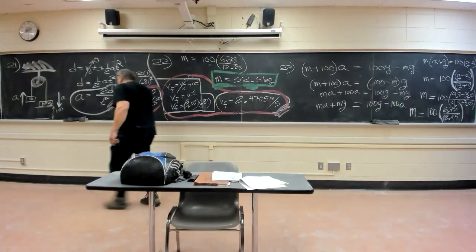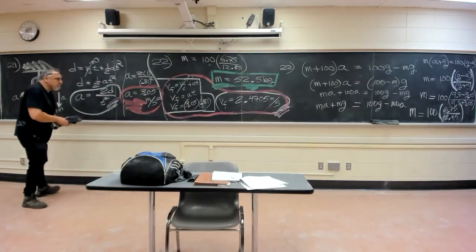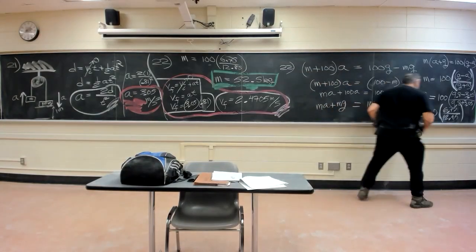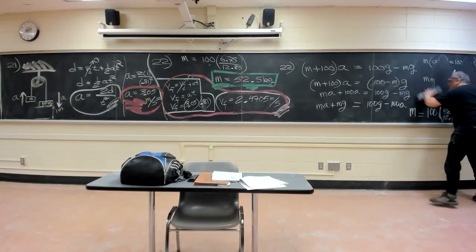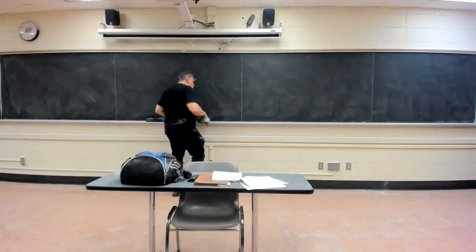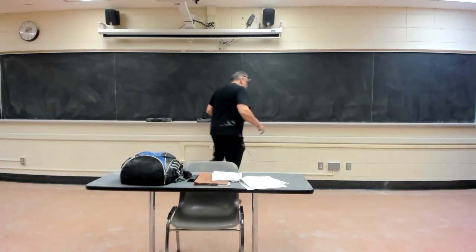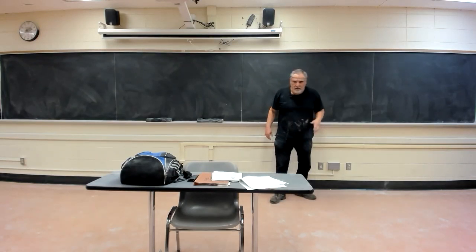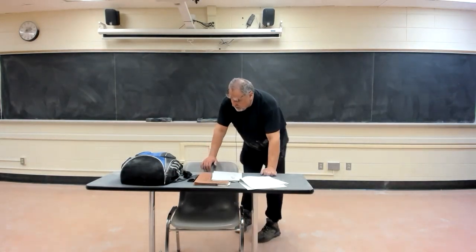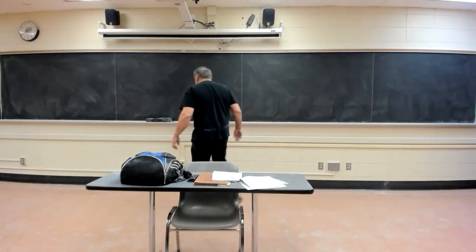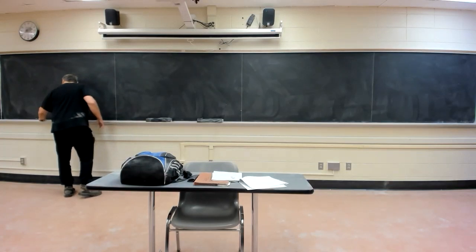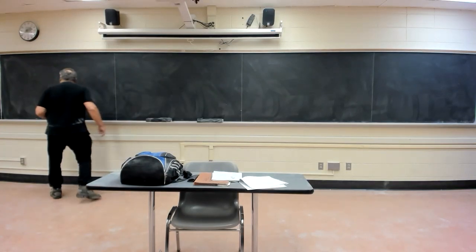Okay, so with that in mind, let's see how this gets done. They want the magnitude of the force. If it's massive and it's moving relatively fast, there's stuff that has to be done.